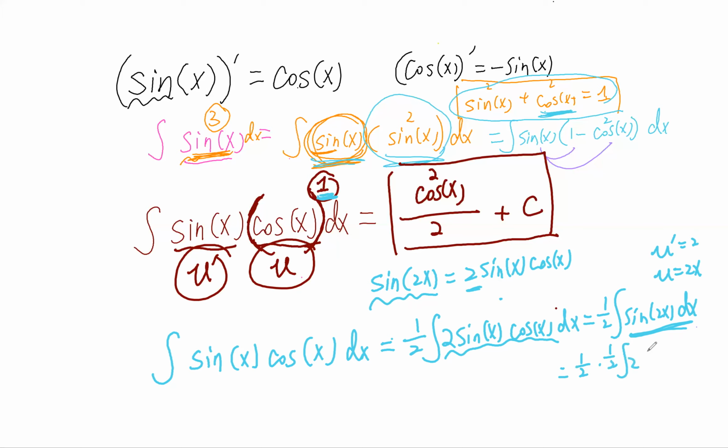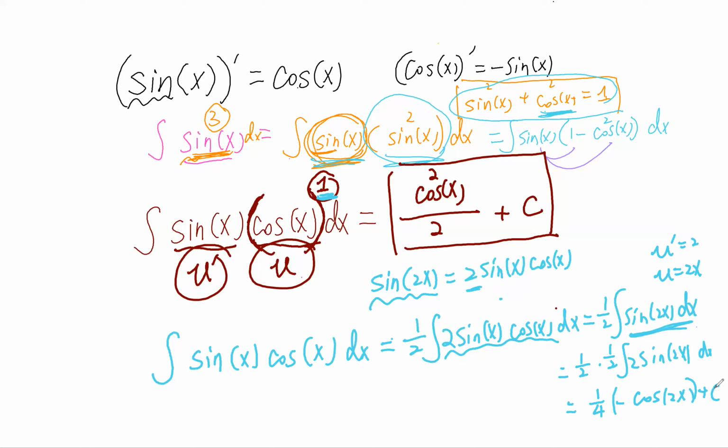You have a 2 in front. Now I can solve this to be 1/4. Integration of sine is negative cosine 2x plus c.